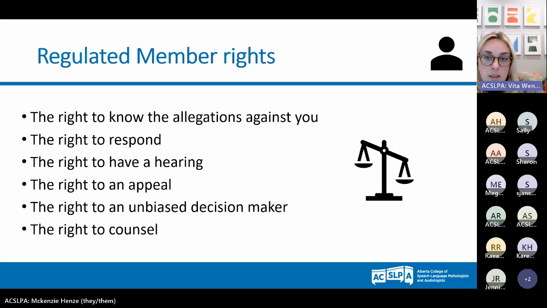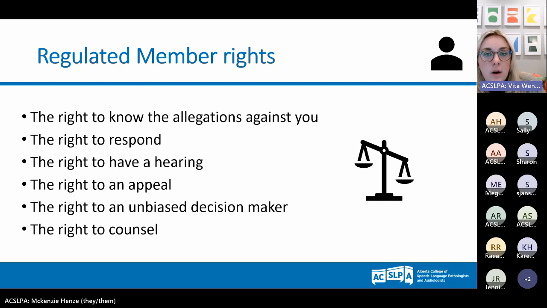Speaking more broadly, it's encouraged, and it's on our website, that if a regulated member wishes to seek legal advice, or assistance from a representative, an agent, counsel, etc., they're entitled to do so. They can come to the hearing with them. That's up to the regulated member.